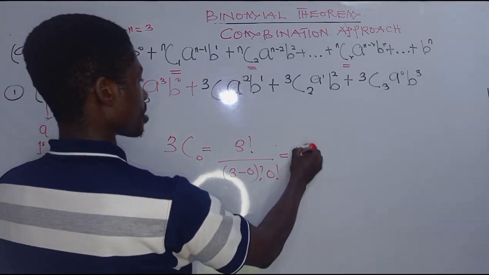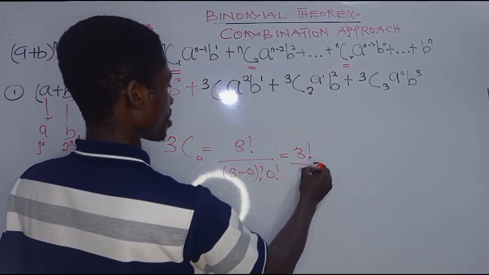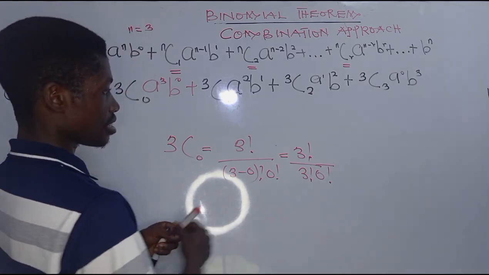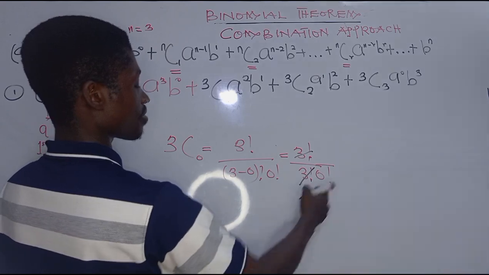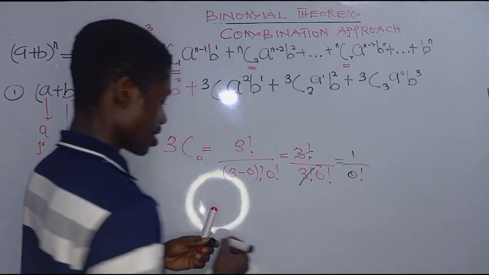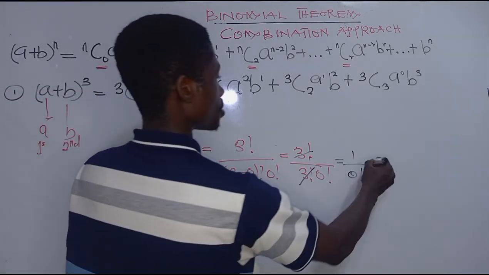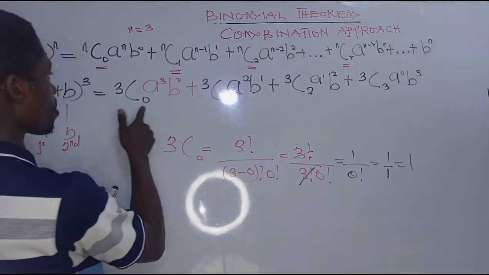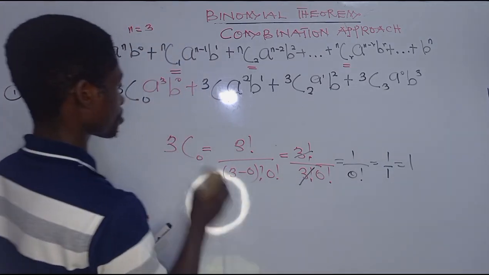So we are going to have 3 factorial all over 3 factorial multiplying 0 factorial. This can cancel that. We are left with 1 over 0 factorial. Remember, by definition, 0 factorial gives you 1. So we are going to have 1 over 1, and that is 1. So 3 combination 0 is 1. Good.